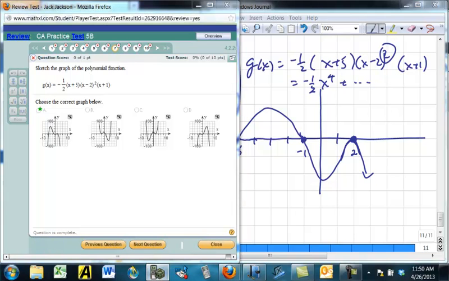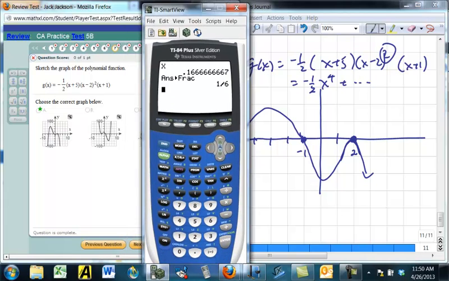But let's verify that with the calculator. I mean, we've got a calculator, so let's just graph it and see what happens. So negative 1/2 times x plus 5, and then x minus 2 squared, and then an x plus 1. Okay, and look at all these windows. They go from negative 10 to 10 and negative 100 to 100.